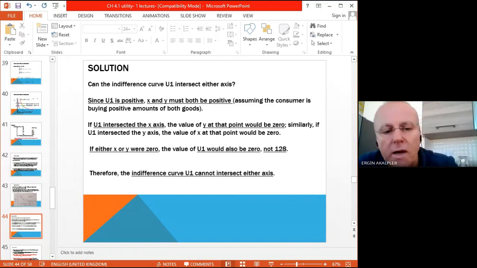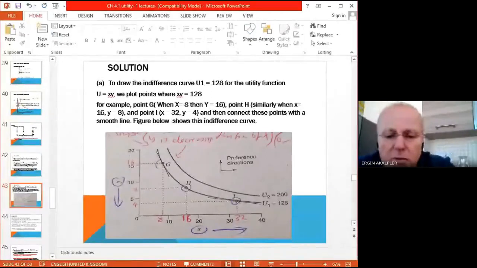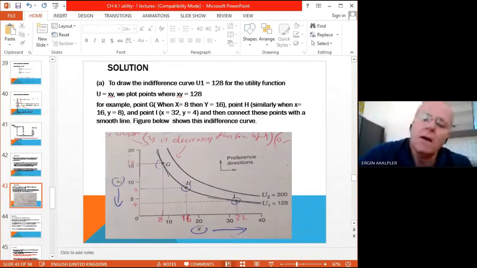Therefore, if either X or Y were 0, the value would also be 0 and not 128. Since this is so, we may say the indifference curve U1 cannot intersect either axis, because this is not possible. Since both are positive numbers, it is not going to be 0. Therefore, the indifference curve U1 is not intersecting the axes.